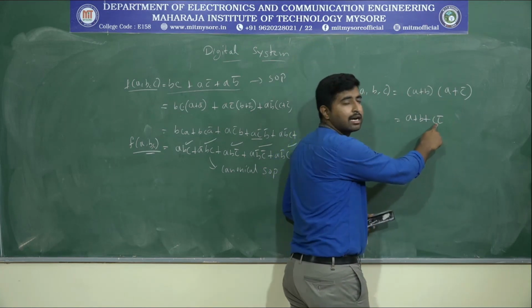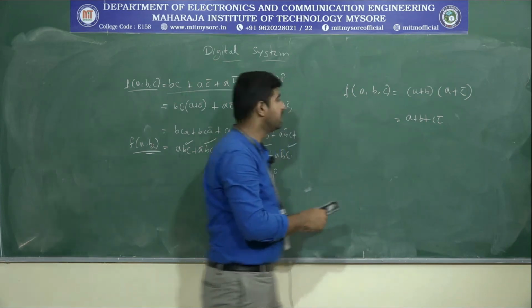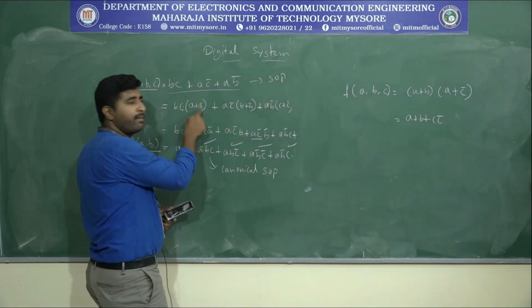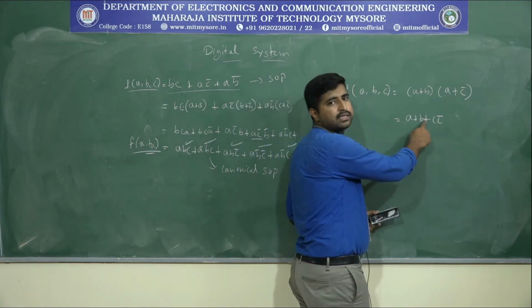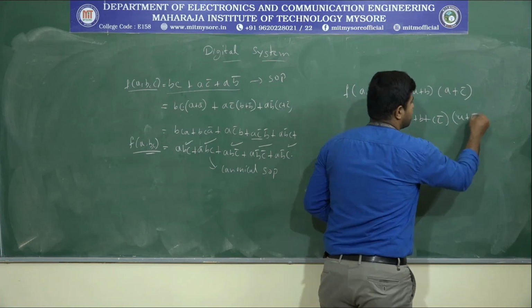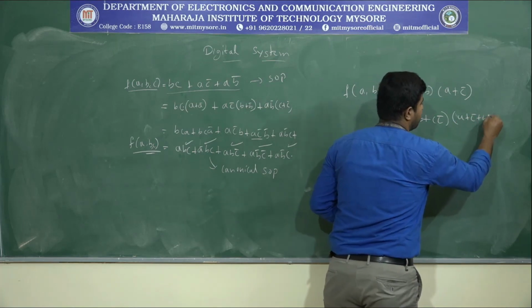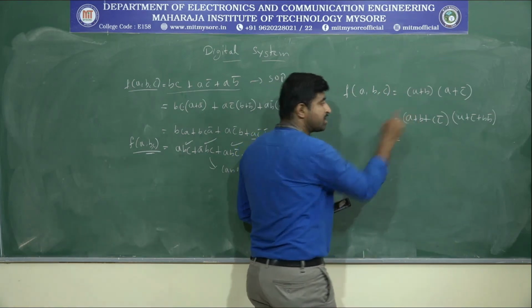If you see, in the SOP the sum terms were ANDed; similarly here the product term will be summed for the missing one. And next, a plus c bar plus b, b bar.